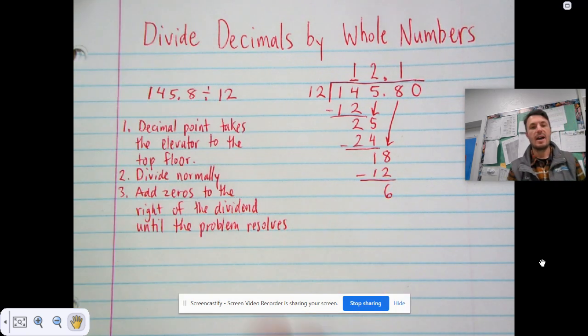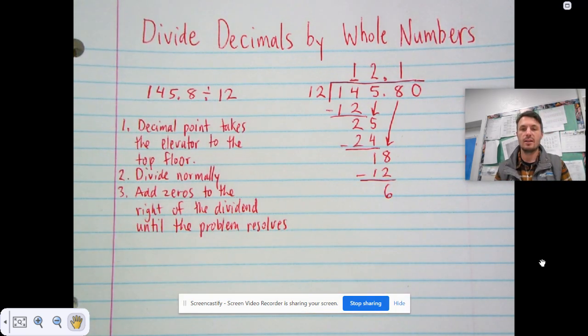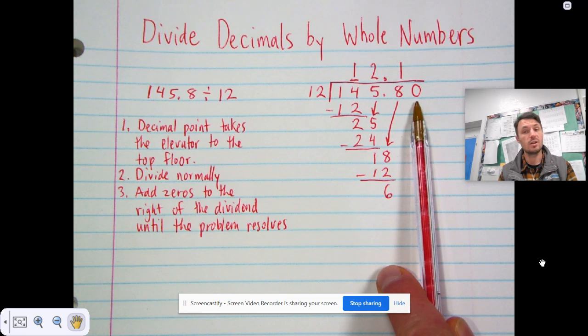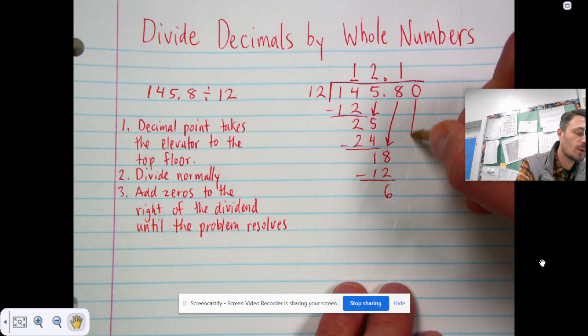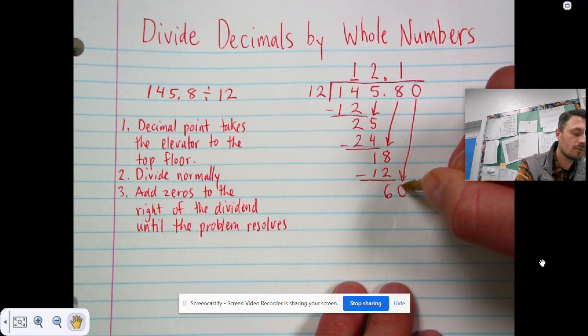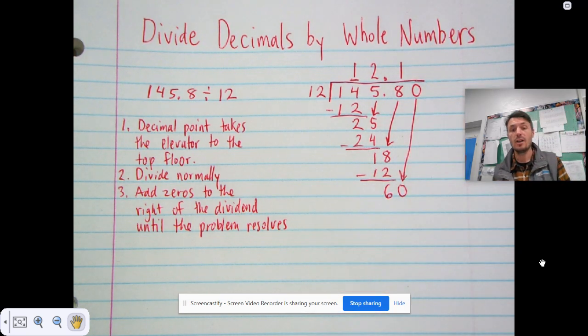Now it says add zeros to the right of the dividend until the problem resolves. So do we change the value of a decimal number when we add a zero to the right? We don't change the value. So that means we can add zeros and then we can bring those zeros down and we can keep dividing. Now, in some cases, you'll do this almost forever. The long division problem will never resolve.